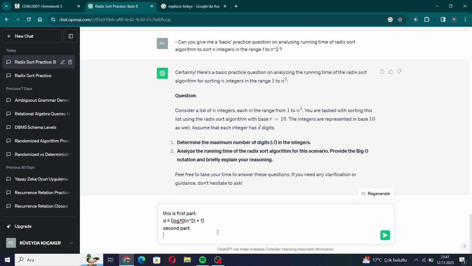Now substitute the expression for d from part 1 into the time complexity expression. O(d times n) equals... I write like that.